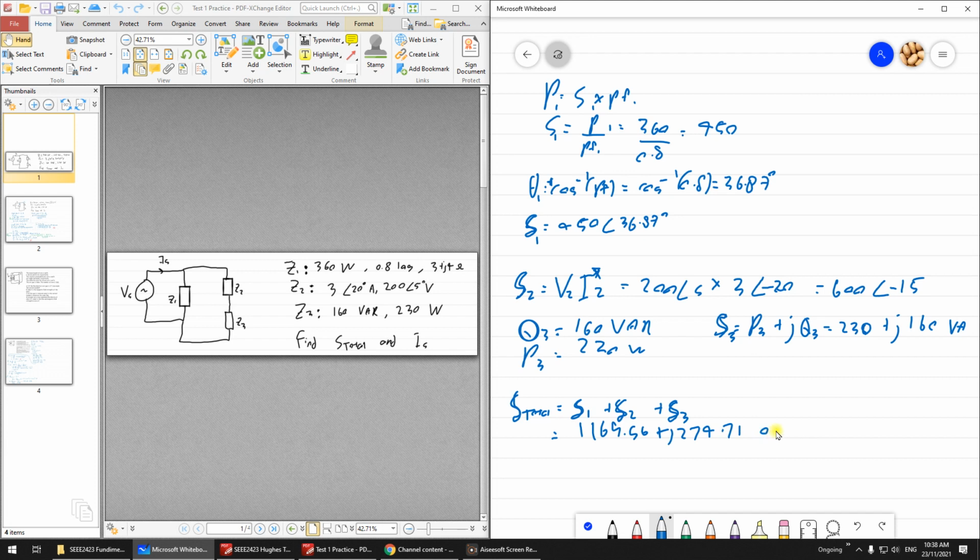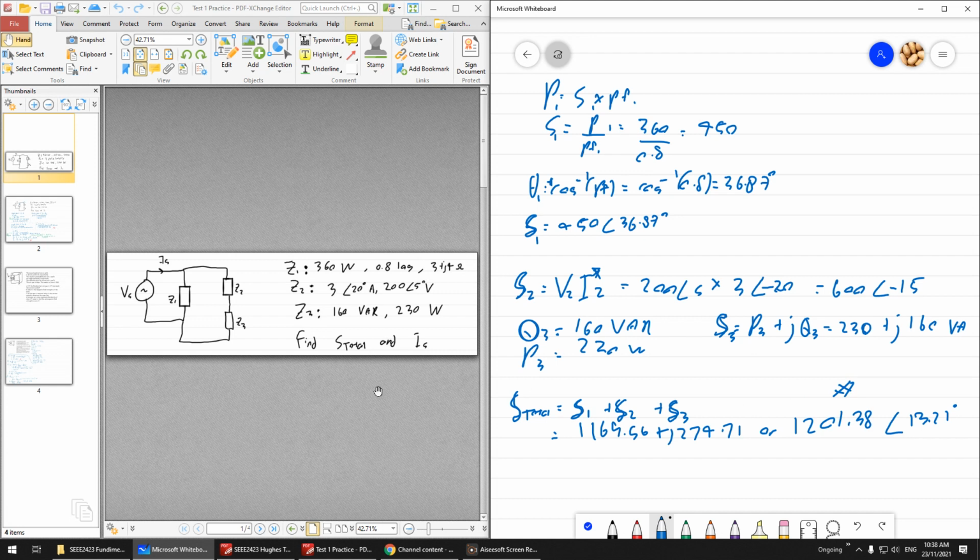Okay, or you can use, I suggest for complex power you have to use both formats, or 1201.38 angle 13.21 degree, because it has multiple information here. Okay, so this is the answer for the first question, which is S total.